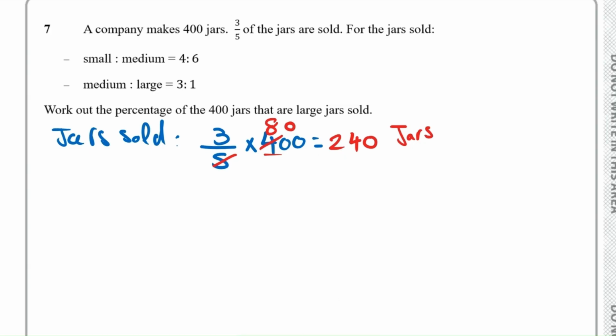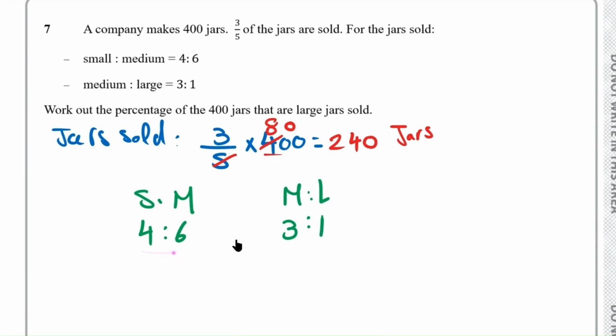Then let's move to the second part of this question. It says the ratio between small and medium is 4 to 6. Let's write that down here. Small to medium is 4 to 6, and medium to large is 3 to 1. What's the information given is the total of the jars that have been sold. That means we need to add all the ratios together to get the total parts. But can we add the ratio now in such a format?